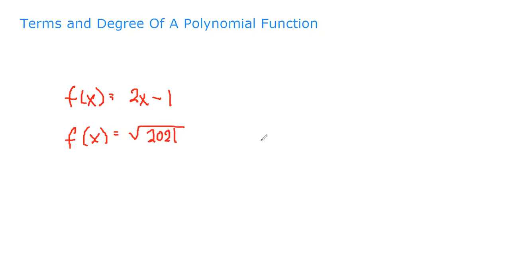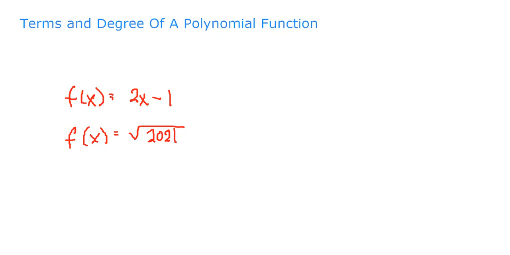So for example, we have a function of x: f of x is equal to 2x minus 1, and f of x is equal to the square root of 2021. These functions that you see are polynomial functions.